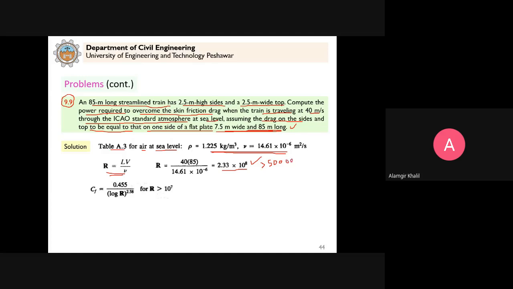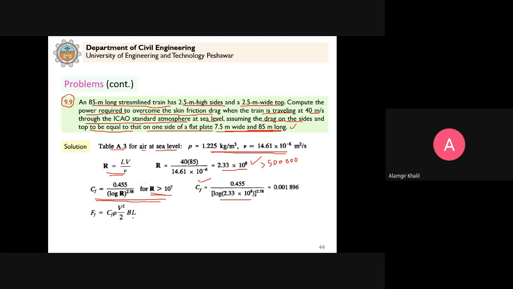In turbulent flow boundary layer there are two equations. For R greater than 10 to the power 7, as we studied, this is the equation to calculate the friction coefficient. So you can calculate CF which is given by this equation.